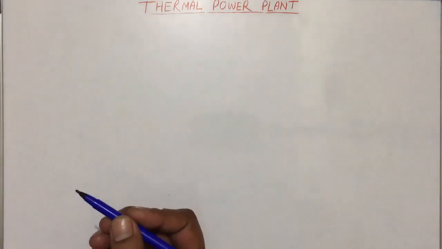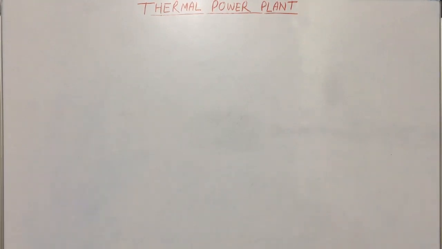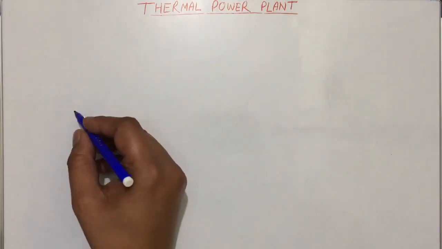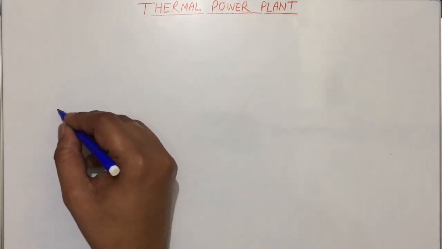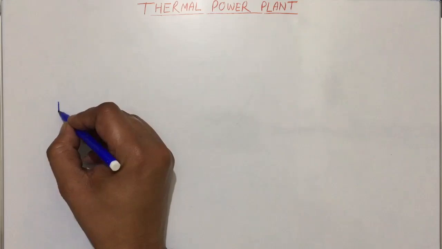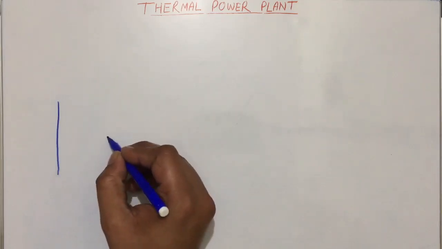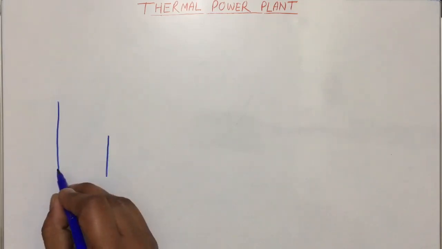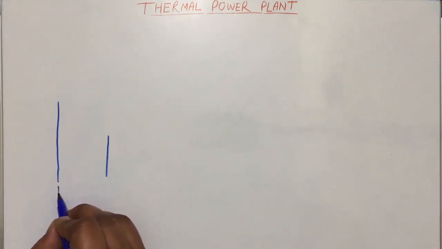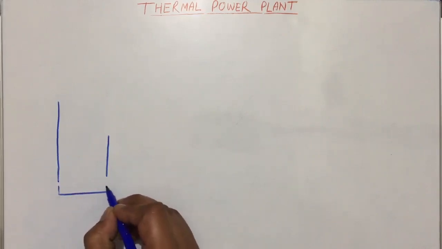So let us start from the source of the energy, that is the burning of coal. To generate the heat, we have coal as a fuel. Burning of the coal takes place in a chamber that is known as the combustion chamber.